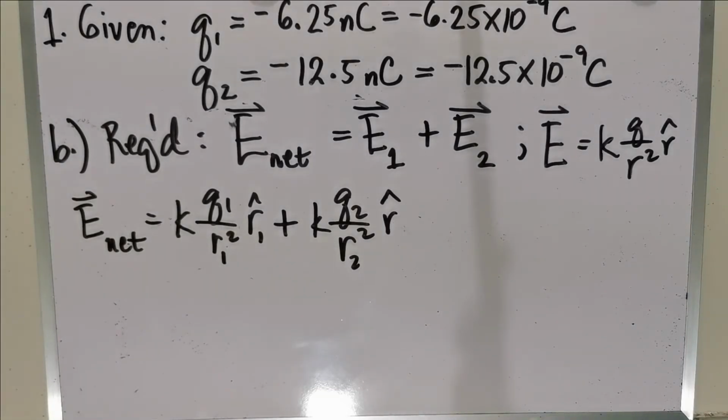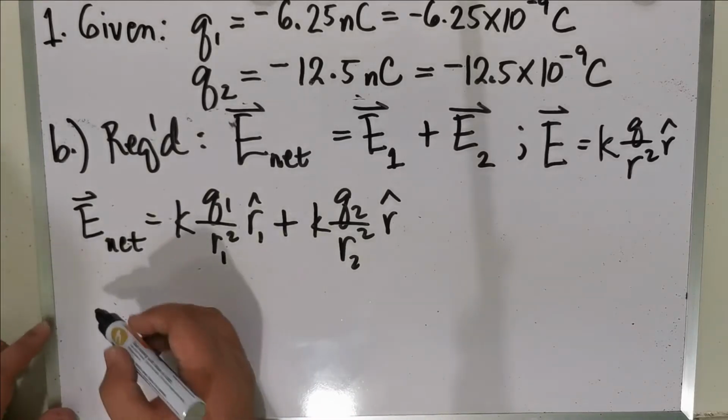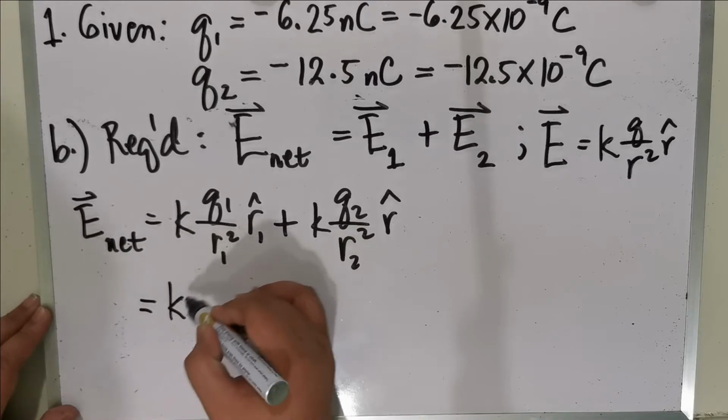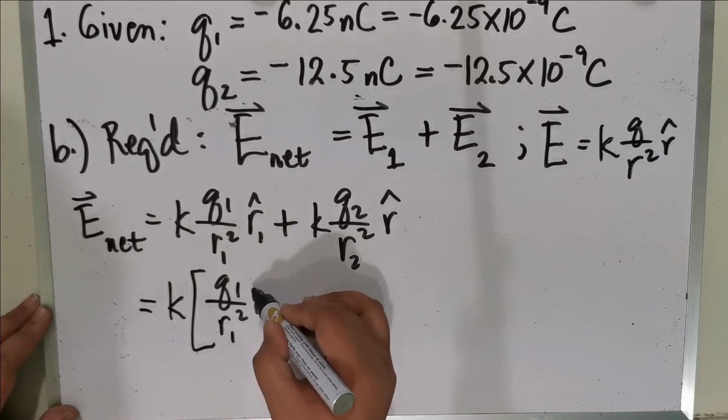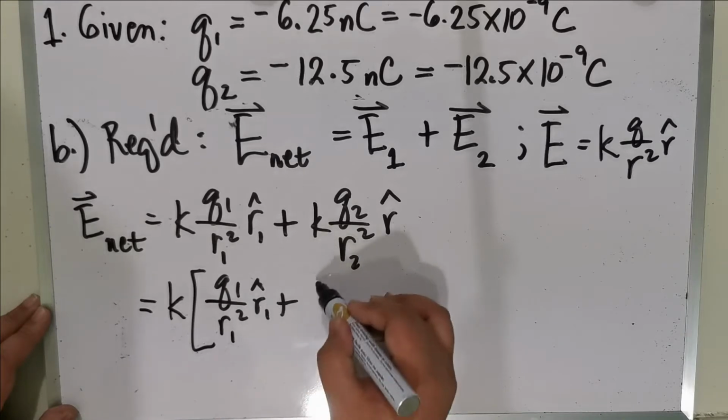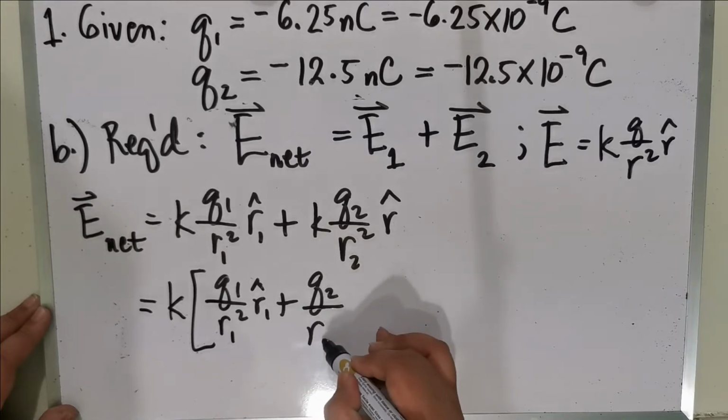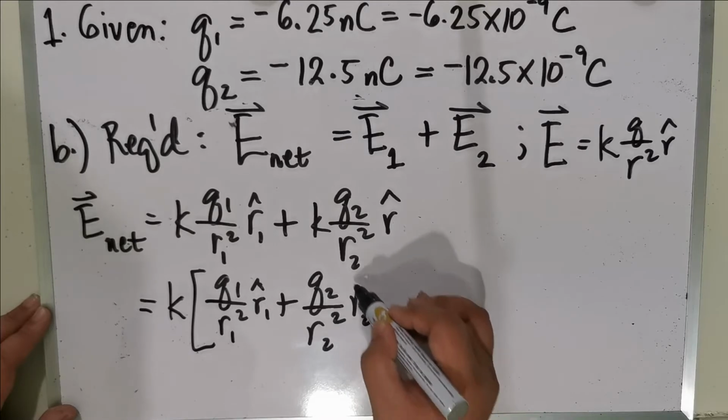With this in mind, we can factor out the K, and then we have the equation K times the quantity Q1 over R1 squared R1 hat plus Q2 over R2 squared R2 hat.